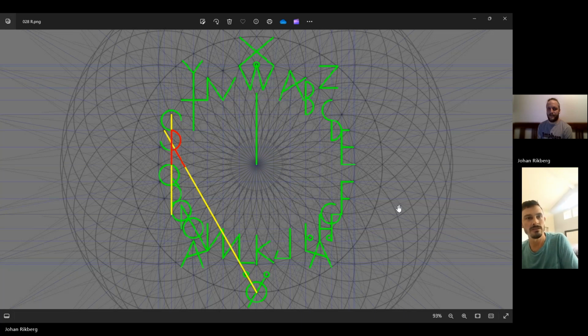Look at that R. I want to double check, see if I have the same angles in my R, because I had in my mind that it goes through the L. This is another one.